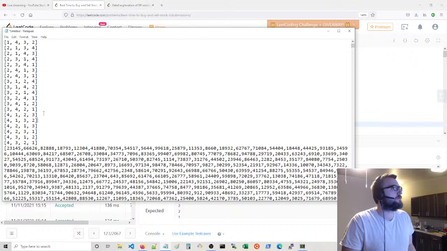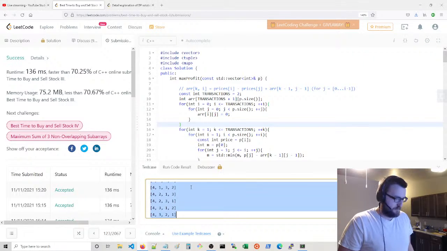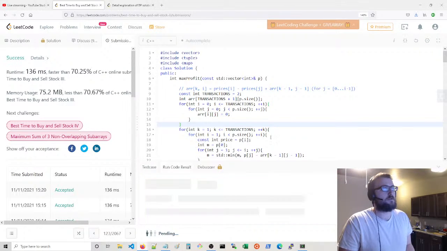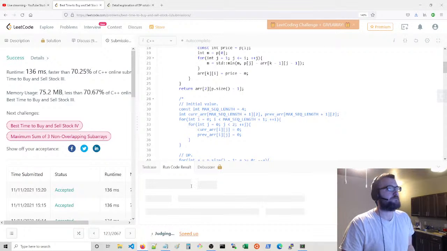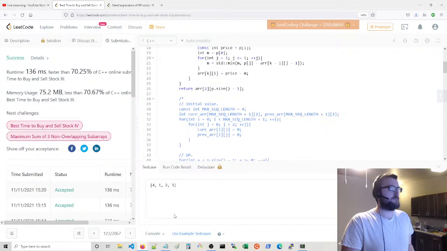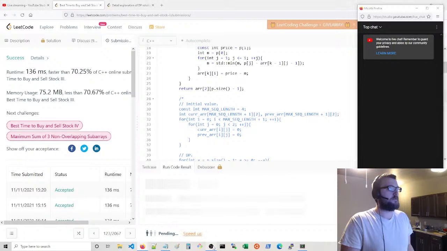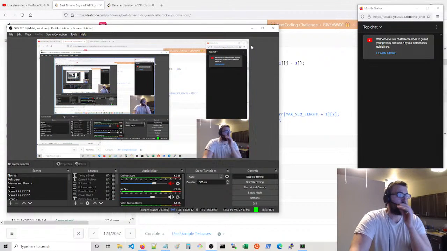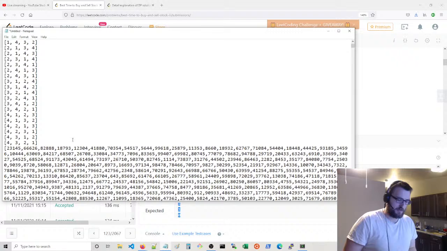Is this the one? Have to identify this somehow.